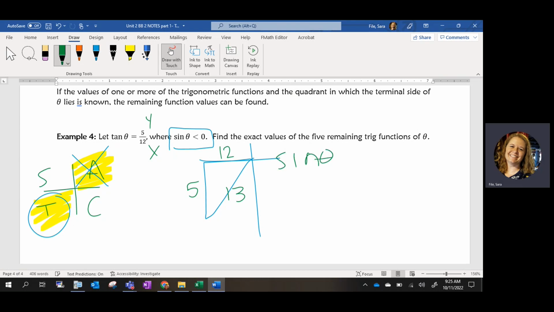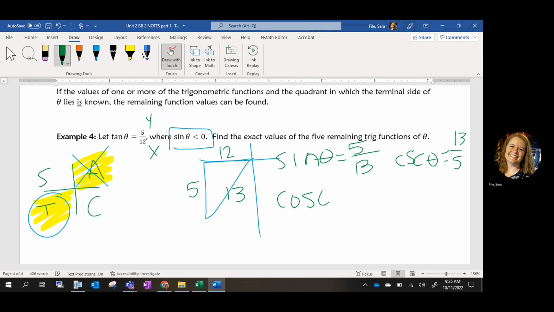So we would know that sine is y over r. Sorry, guys, it's giving me a lot of problems writing with my finger on this. And so then cosecant would be 13 over 5.